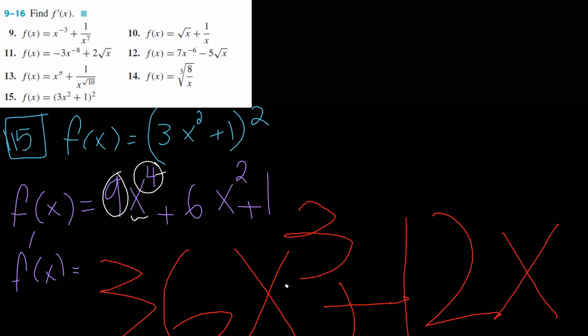Plus, you multiply 2 times 6, which is 12, and then x squared can be written as x raised to the power 2 minus 1, which is x to the power 1. And the derivative of a constant is 0. Is it clear now? Yes, thank you so much, teacher.